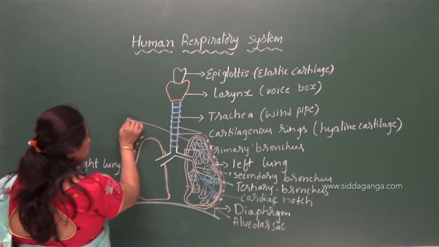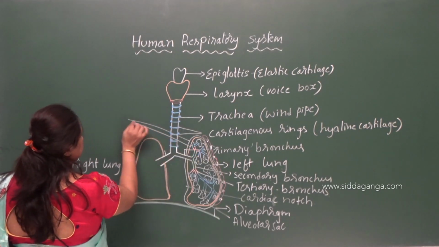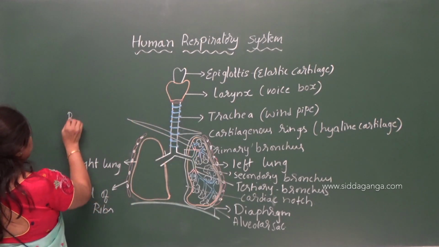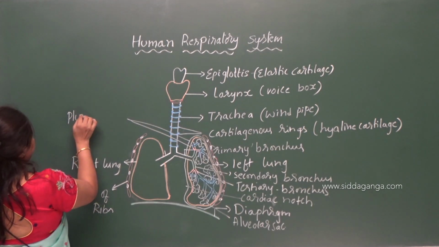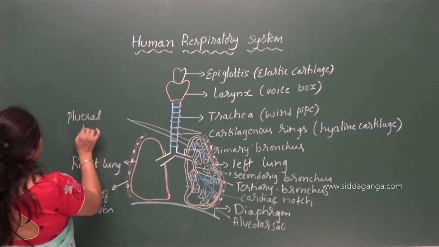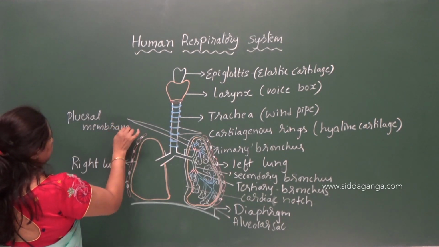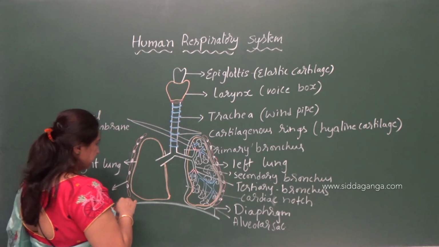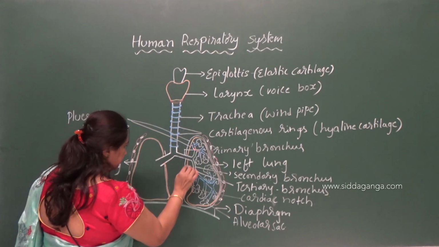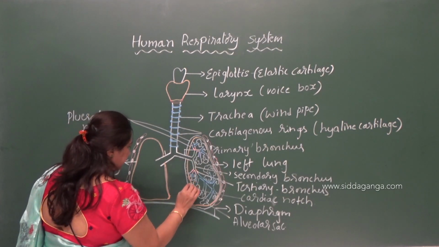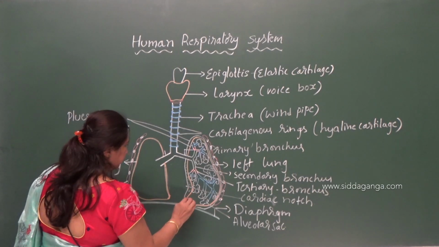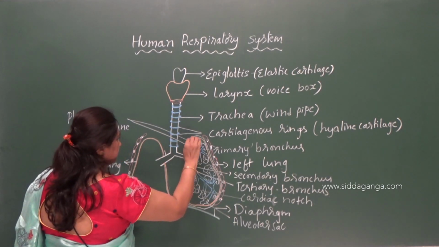So I write here pleural membranes. So in between the two pleural membranes, some narrow space is present here. So this space is filled with a pleural fluid. Okay.